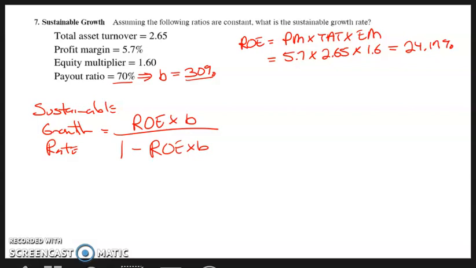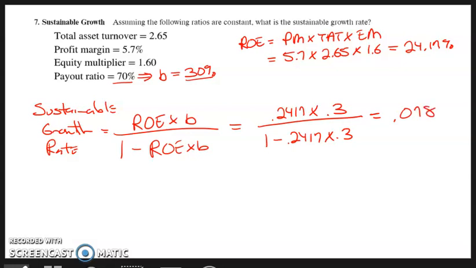So we have to convert the 24.17 to a decimal, but it's 0.2417 times the plowback ratio, or 0.3, divided by 1 minus 0.2417 times 0.3, and what did I get there? 0.0782 or 7.82%.